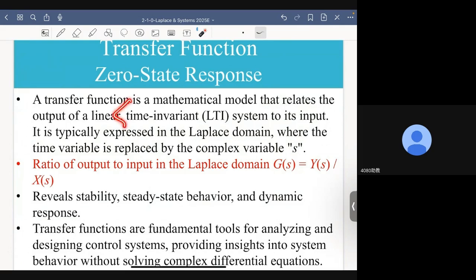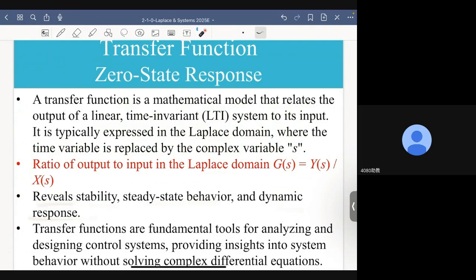Mathematically, it is always a complex variable, all right? The ratio of output to input is in the Laplace transform, okay? So the transfer function is the ratio of the output to input, but only in the x domain, okay? Now, the transfer function reveals stability, steady state behavior, and dynamic response, okay?